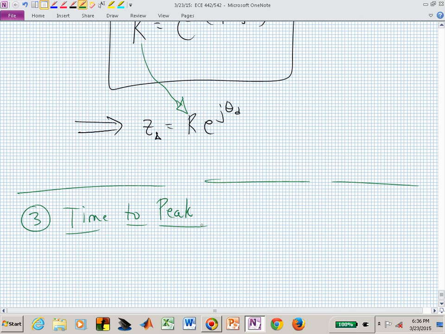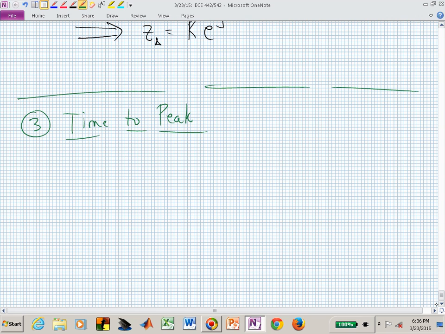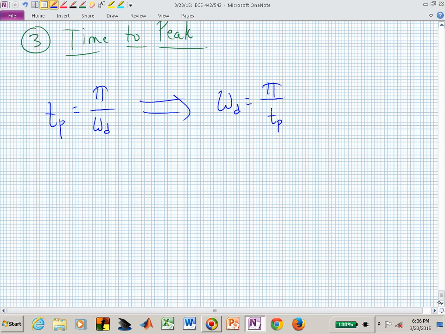So we've looked at most of these, but now let's look at this peak time in particular to develop this theta sub d relationship with time to peak. Time to peak is pi over omega sub d, or if somebody gives you the time to peak, you can solve for omega sub d. But what do we know about theta sub d?